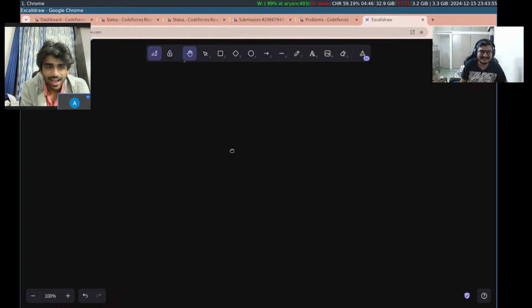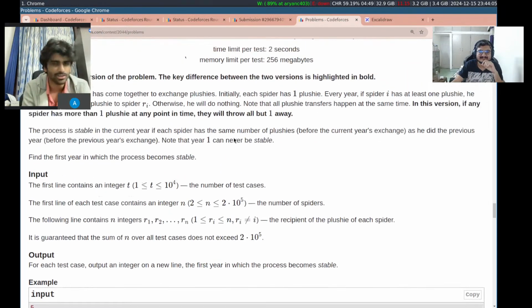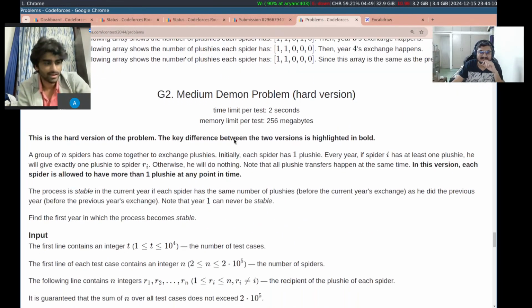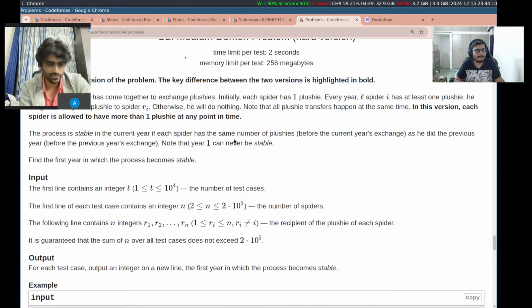I think the first part, I usually read the harder version first. Whenever I'm attempting Div 3 or 4, or mostly even Div 2, I read the harder version first, because usually they are the same problem with different constraints. But in this one the problems were actually different.